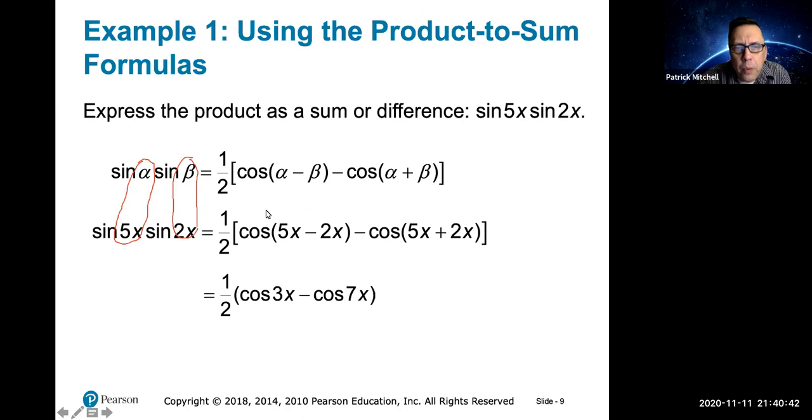And what you end up with is that sine 5x times sine 2x comes out to be 1/2 times the quantity cosine 3x minus cosine 7x. So when you get to this certain kind of problem in Calculus 2, it will be much easier to deal with this expression than sine 5x sine 2x.